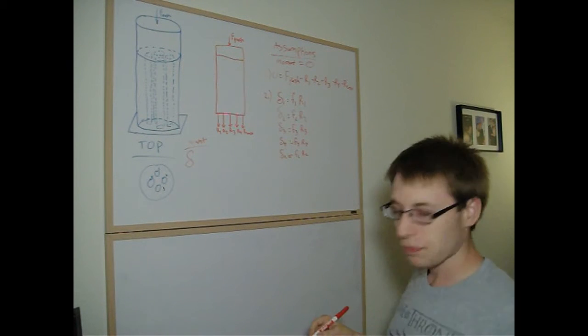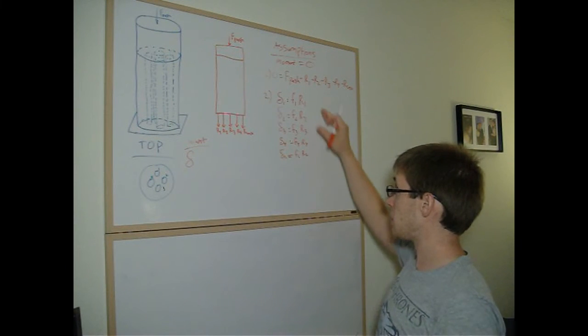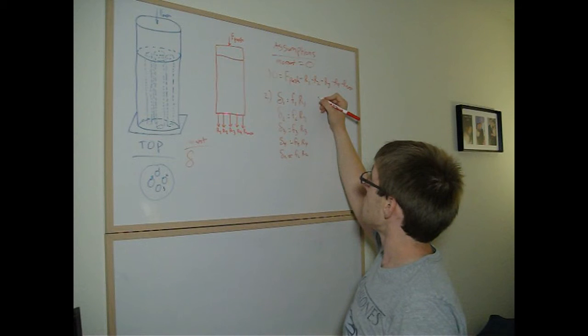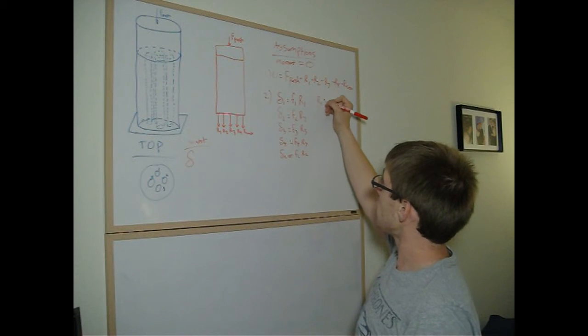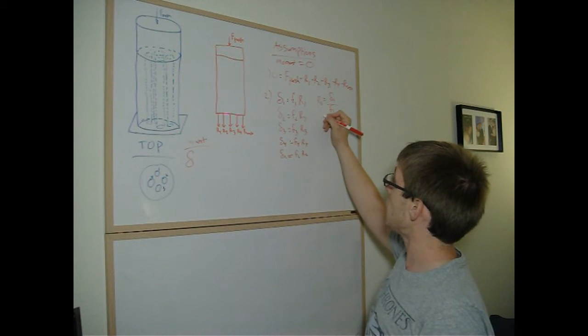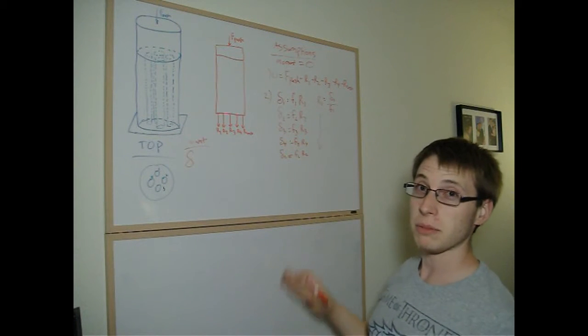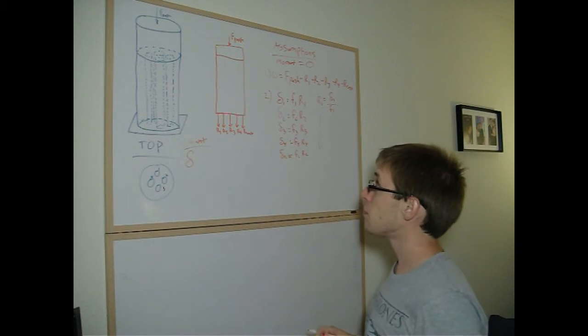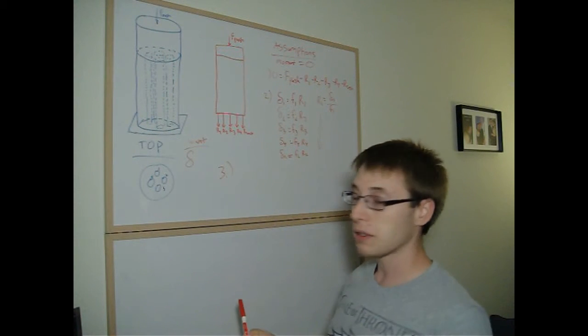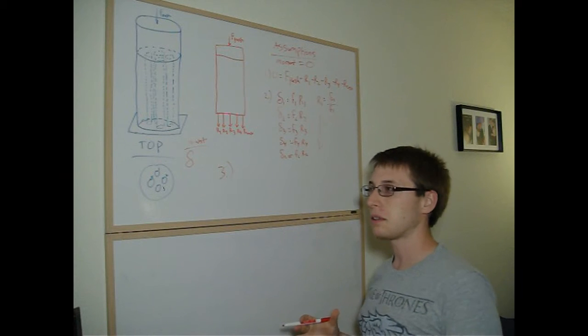Now we want to solve for R, because we'll need that for later. So we'll take R1 is equal to delta 1 over flexibility 1. We can do that for all of them, but I'm just going to do it for this one right now.